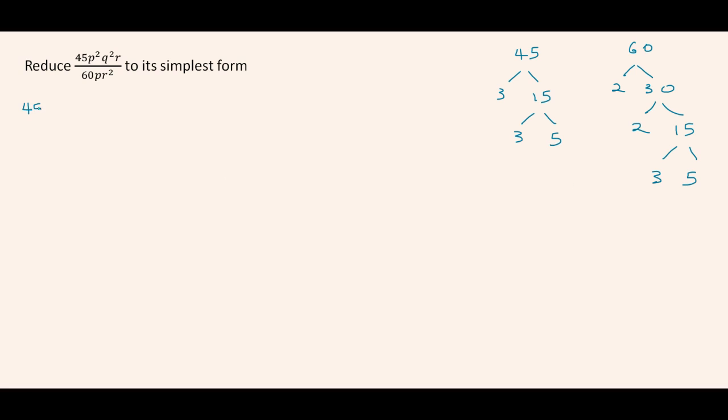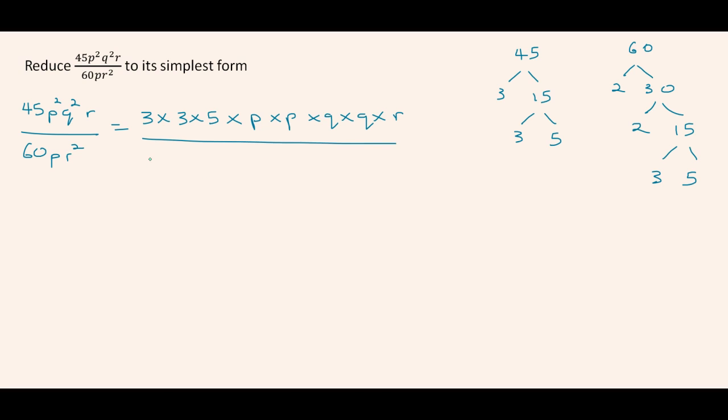So 45 p squared q squared r over 60 p r squared is going to be 3 times 3 times 5 times p times p times q times q times r divided by 2 times 2 times 3 times 5 times p times r times r.